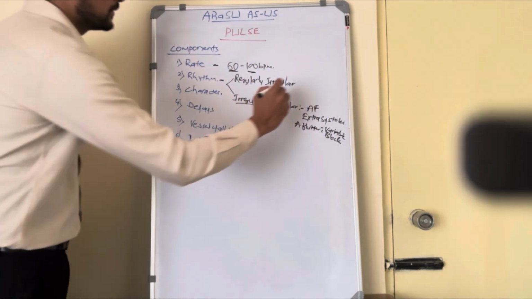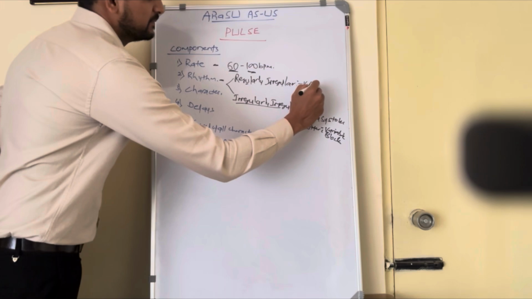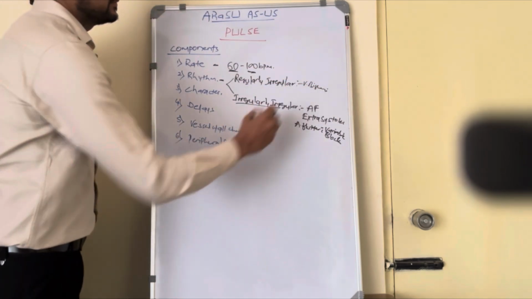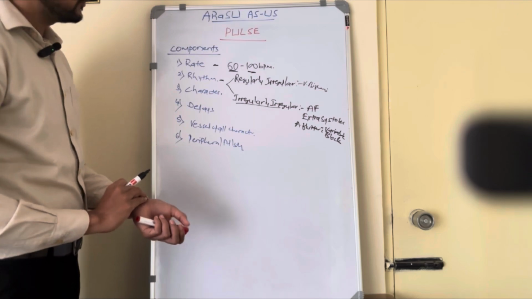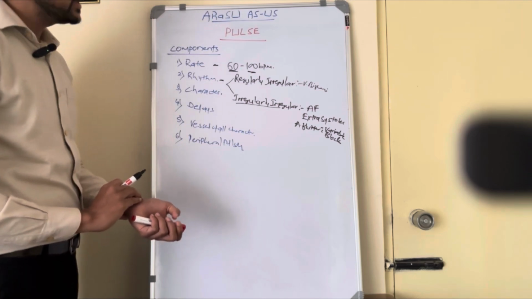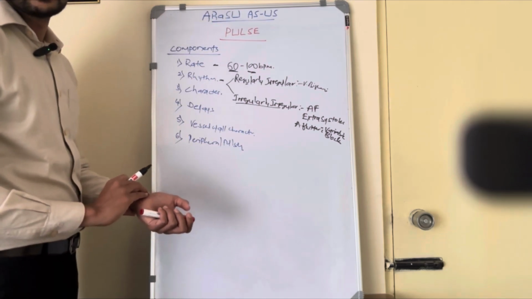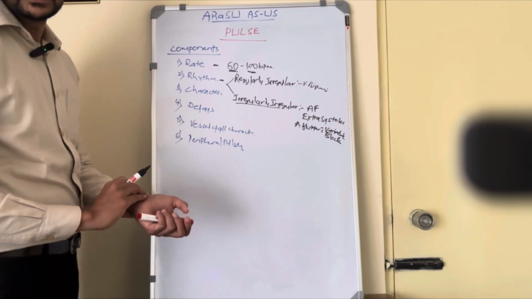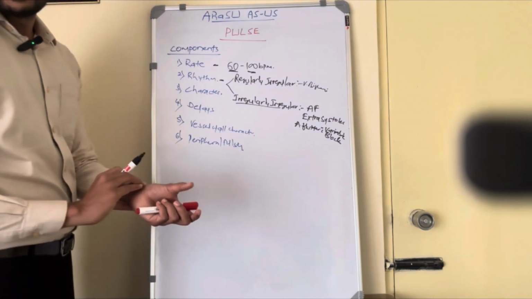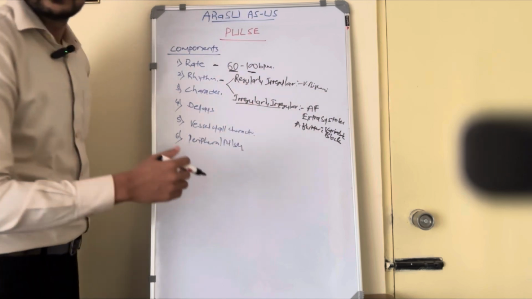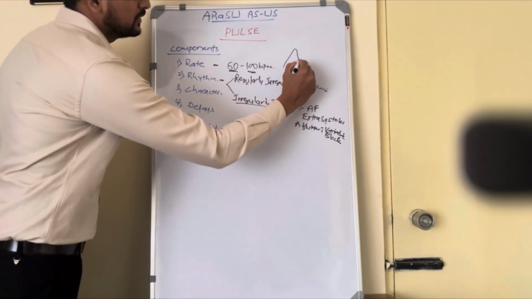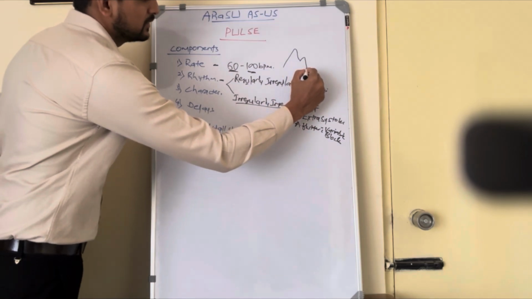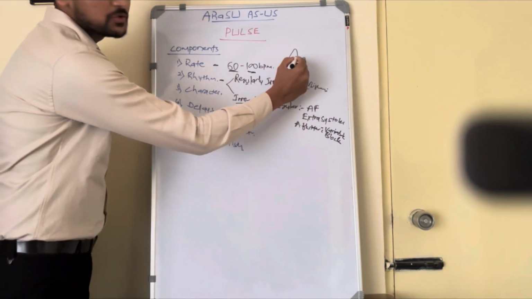For example, ventricular bigeminy. Here, when we are feeling the pulse, there will first be a normal wave. After that, immediately there will be an early contraction, early stimulation of the ventricle. So that wave will be felt immediately after the normal wave. Then there will be a pause. After that, again there will be a normal wave. To draw it, suppose there is a normal wave. Immediately after that, there will be one wave, which is nothing but a premature contraction.